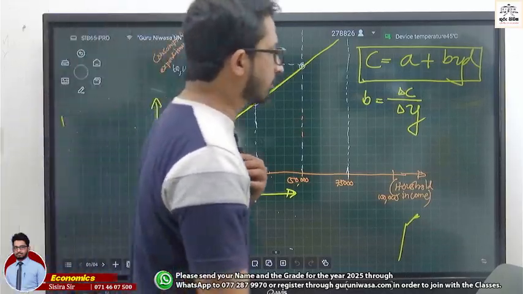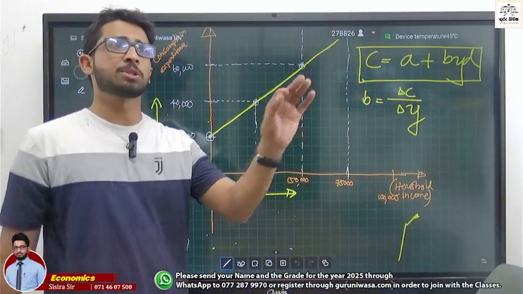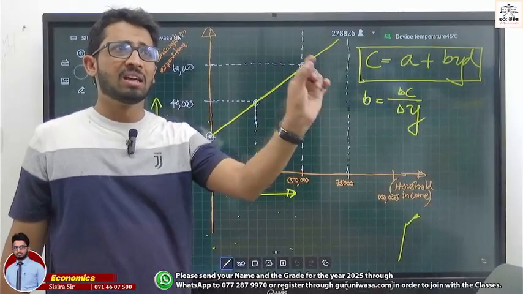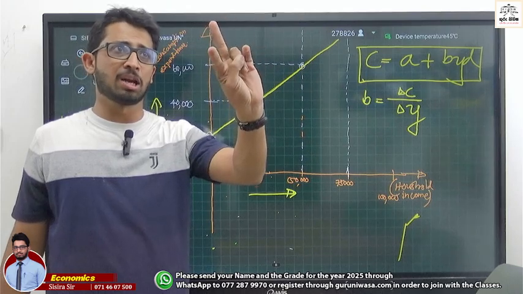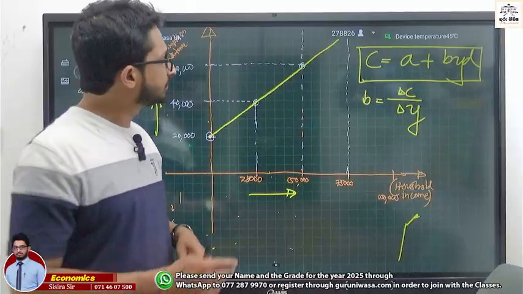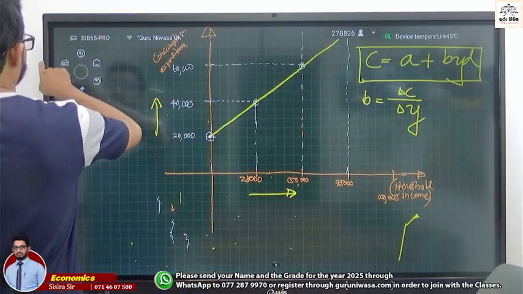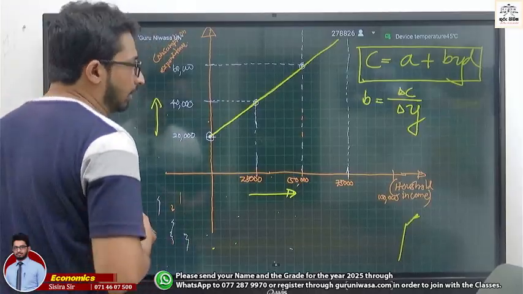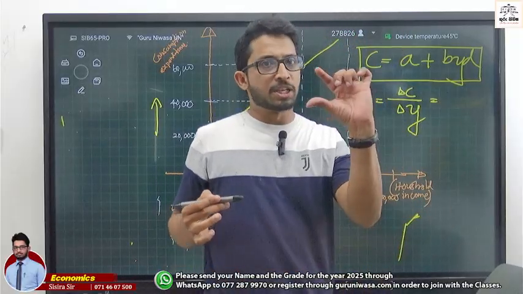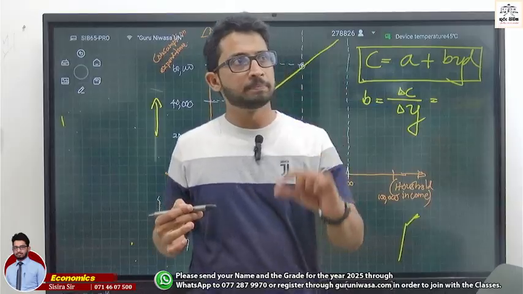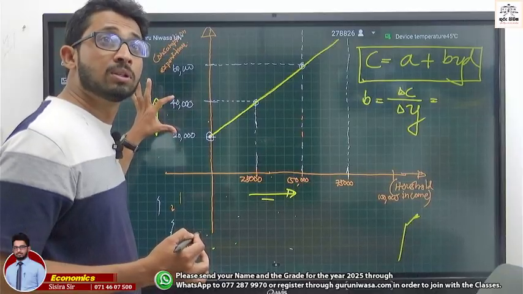Now take the change of C. Go to the table and find the difference between two C points. How much is the change? Delta C is 20,000.